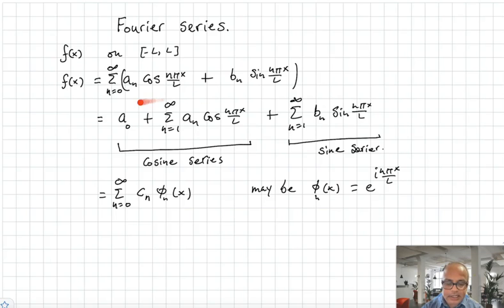We have seen here that this part is a cosine series and this part is a sine series. For instance, we can neglect the sine part, so set all the coefficients b to 0, and then I will have the cosine series. Or if we set all the coefficients a to 0, then I will have the sine series.